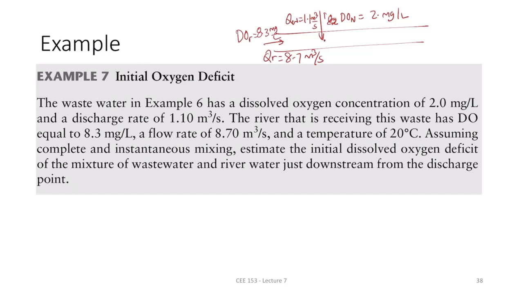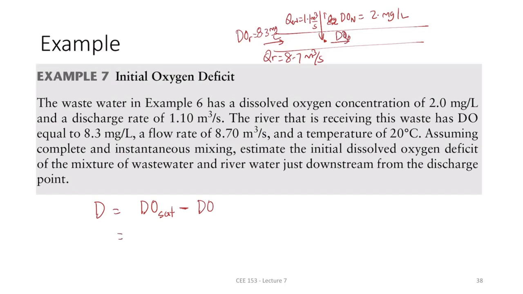So we are asked for the deficit. Deficit means the DO saturation, the maximum amount, the thermodynamic limit, minus the actual DO concentration at the mixing point. So we can write DO downstream, or I can write DO0, like L0.